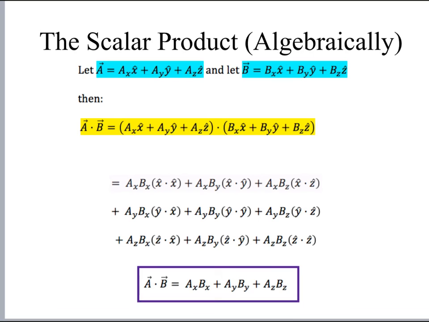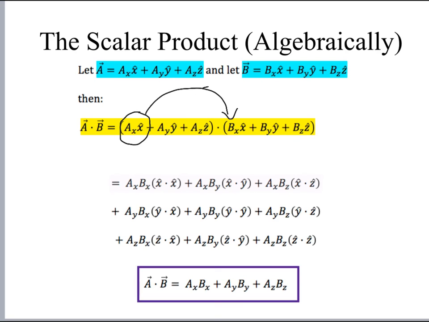Now, if I take the scalar product, a vector dotted into b vector, I could write my a out long form, and I could write my b out long form, and then I want to just multiply them out. And how do I do that? Well, you basically do the FOIL method from algebra, and of course there's more than two terms here, so it's not quite FOIL, but you get the idea.